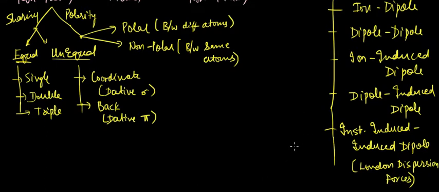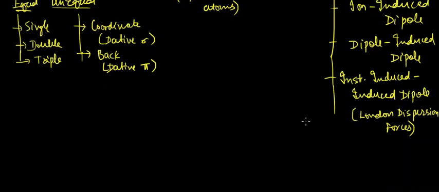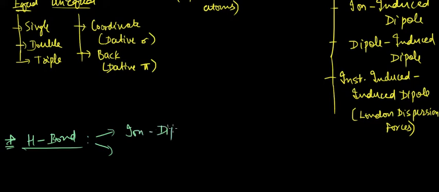Okay, so if we take the example of hydrogen bond, it can also be of two types: first is ion dipole and second is dipole dipole.